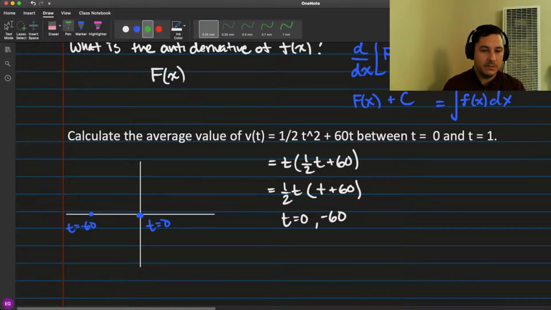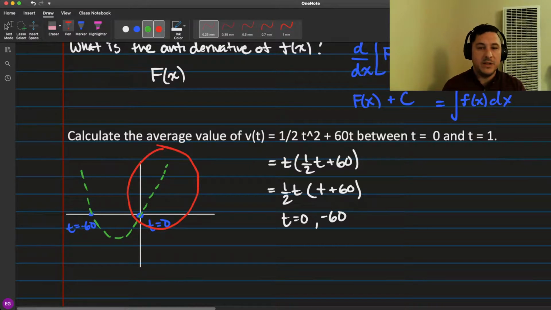And the graph looks something like this. Okay, obviously we care about the graph over here because we want to find the average value between 0 and 1. So we want to find the average value in here.